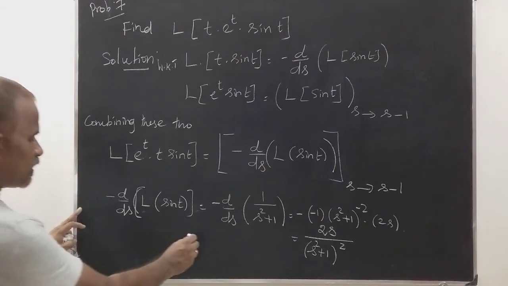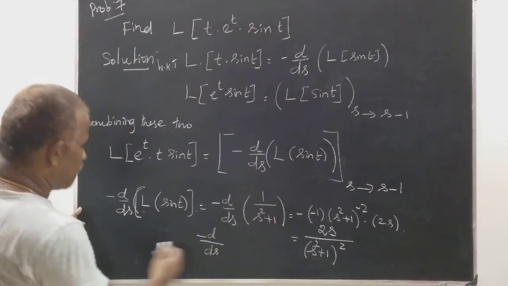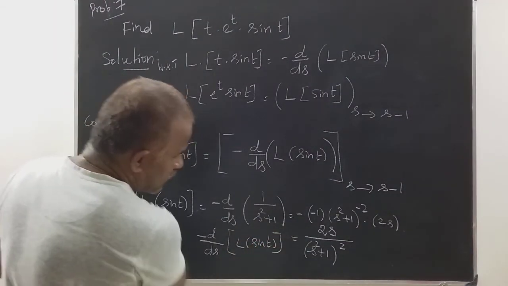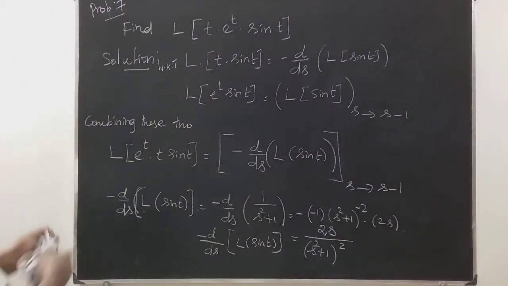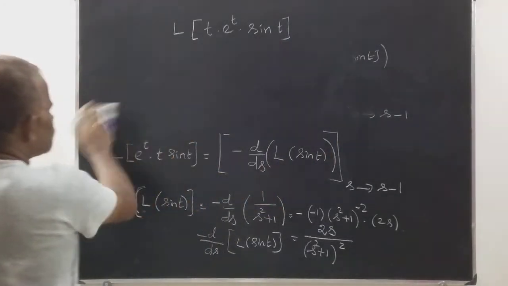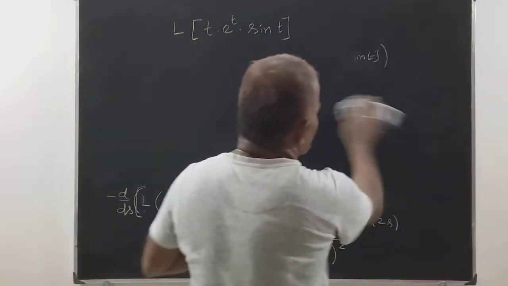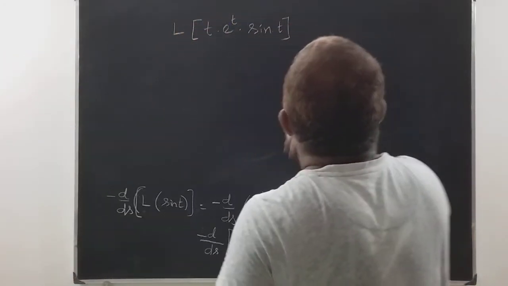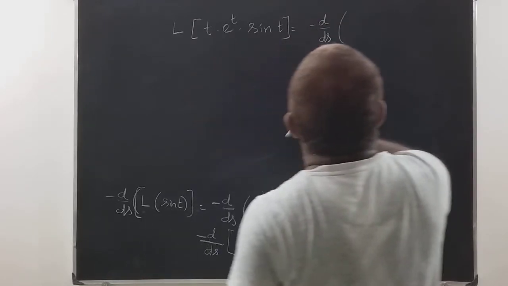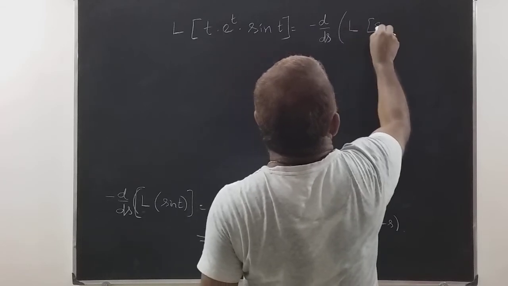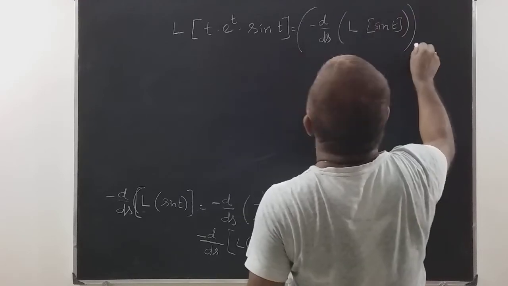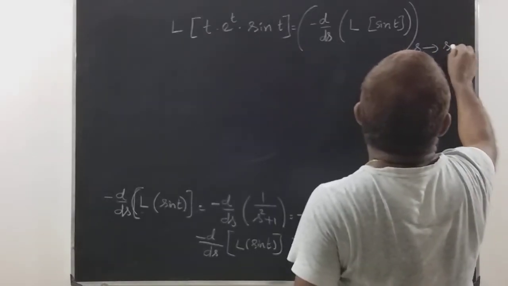Now, so this is nothing but minus d by ds of Laplace transformation of sin t. Now we need, this is equal to minus d by ds of Laplace transformation of sin t, with s tending to s minus 1.